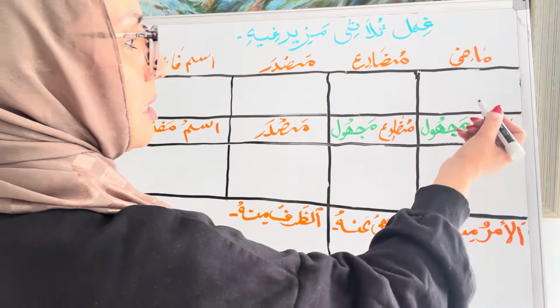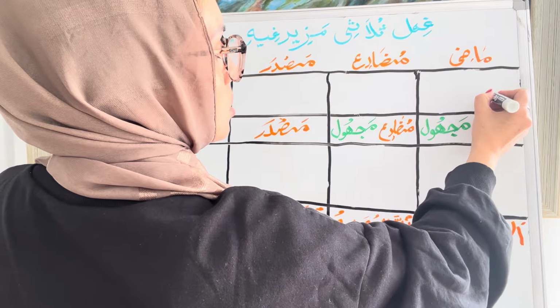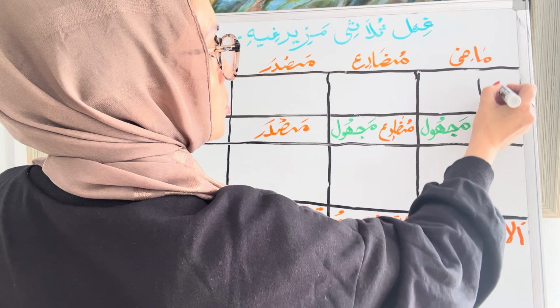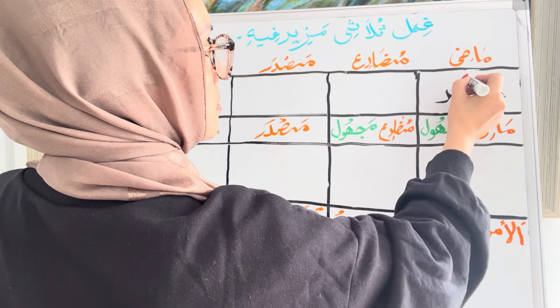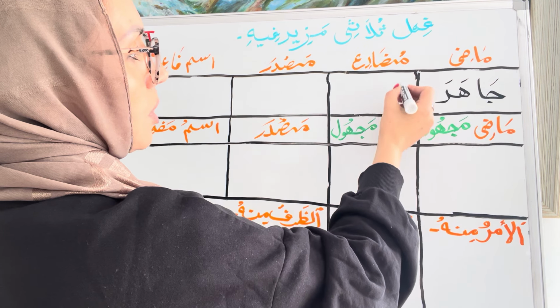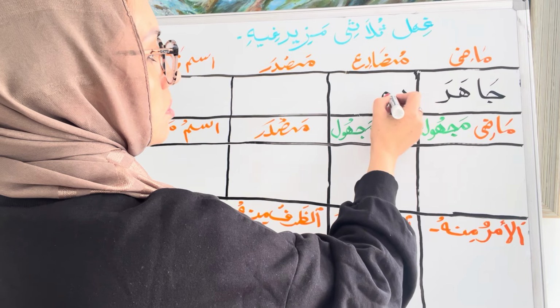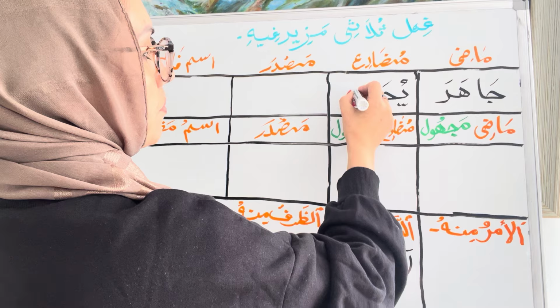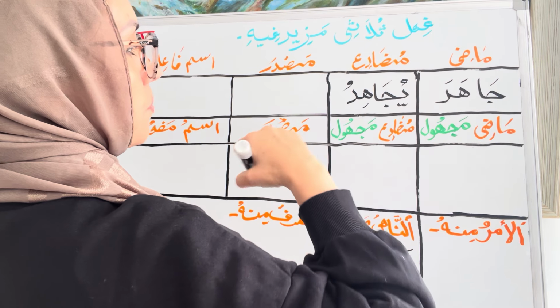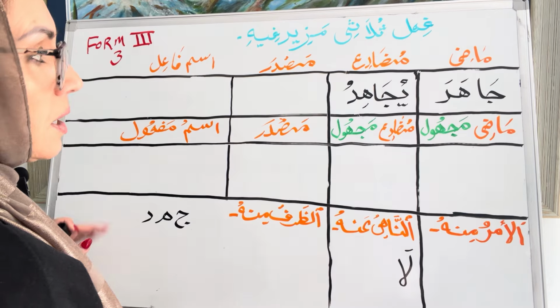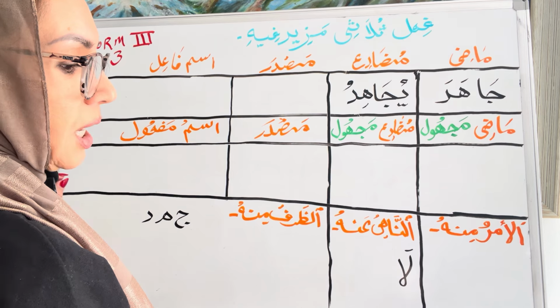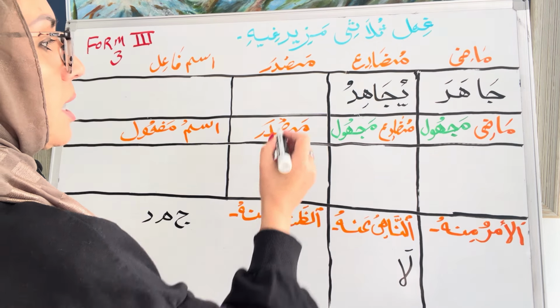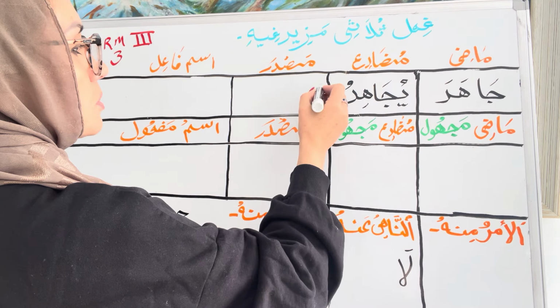So now we're going to add the alif on there, so it becomes jahada. And then mudari is yujahidu. And then the masdar will become jihadan wa mujahada. There's 2 of them. They have 2 masdars.